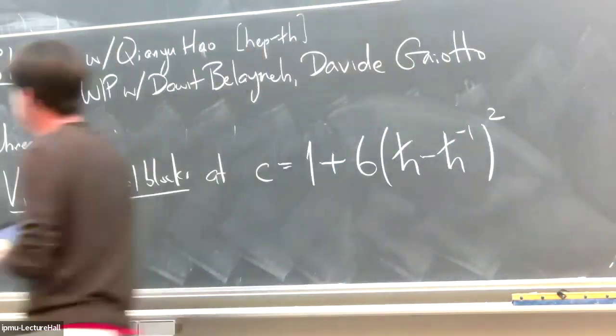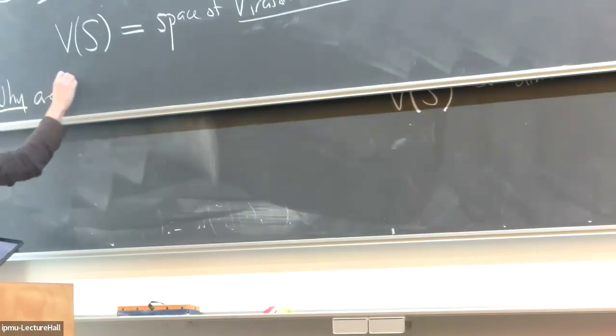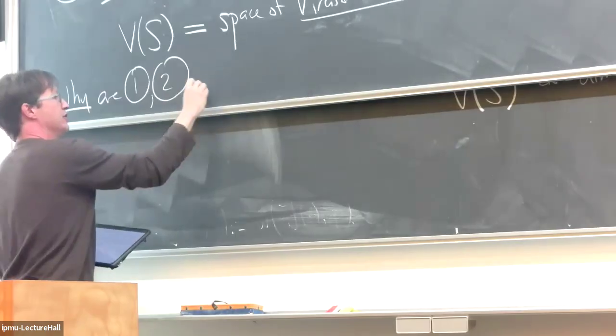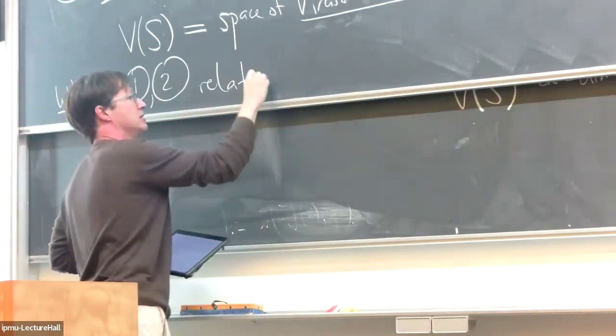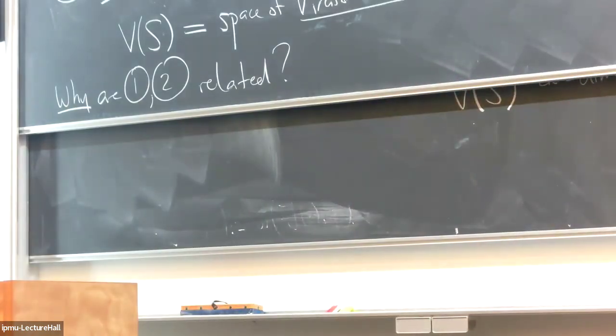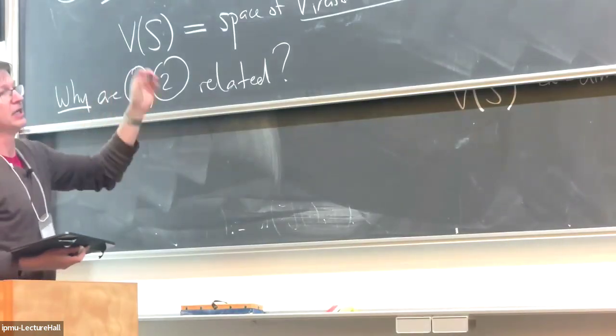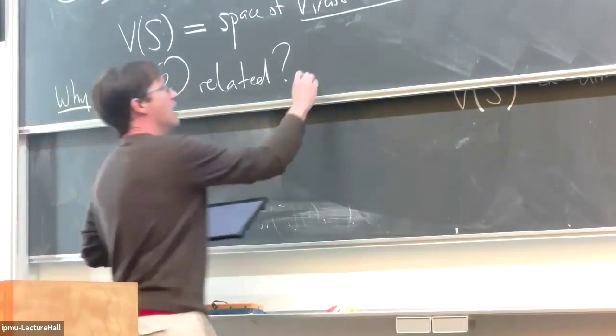So the question is, and this is still my goal 1, to explain why these two quantizations of Teichmüller space have anything to do with each other. And so I'll describe for you a construction which is meant to explain that.